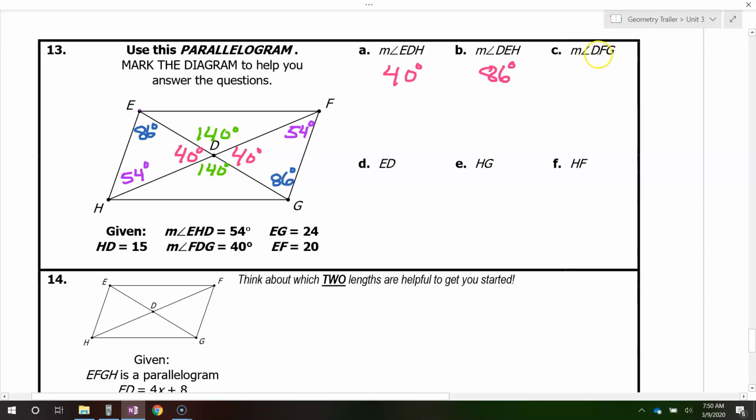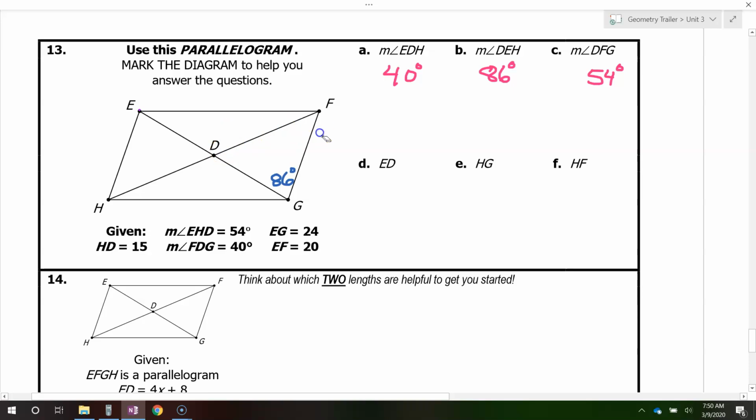And angle DFG, that's 54 degrees. All right, so that's it for angles.